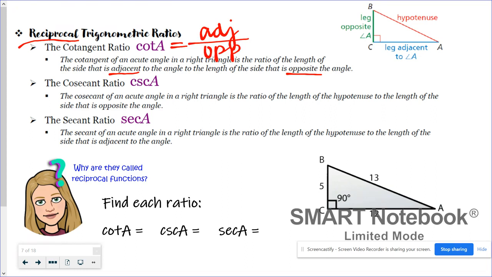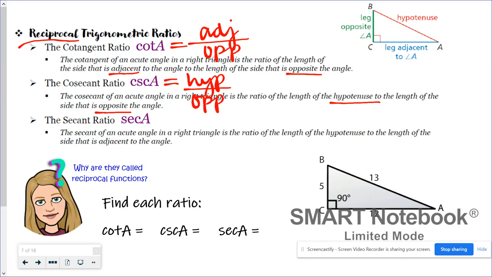Cosecant of an acute angle, abbreviated CSC, is the ratio of the length of the hypotenuse to the length of the side opposite that angle. So cosecant is the hypotenuse over the side opposite.